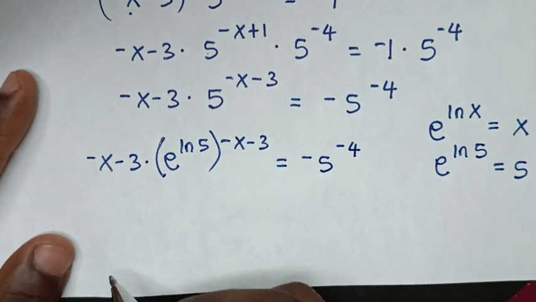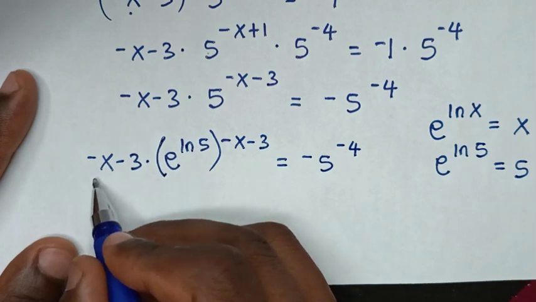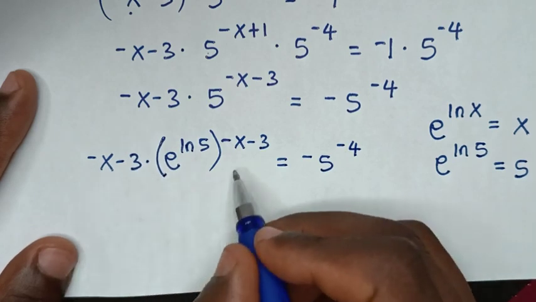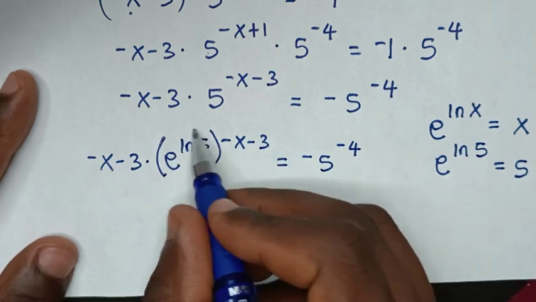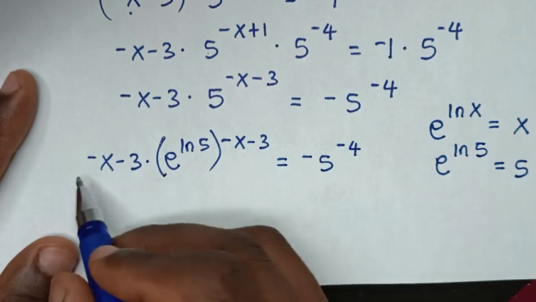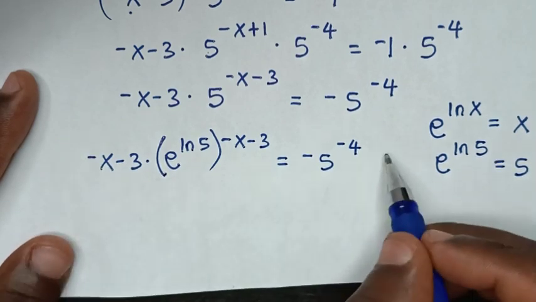Then in the next step we have the base (−x − 3), but we have an extra ln 5, so we should bring the ln 5 into the power on both sides.